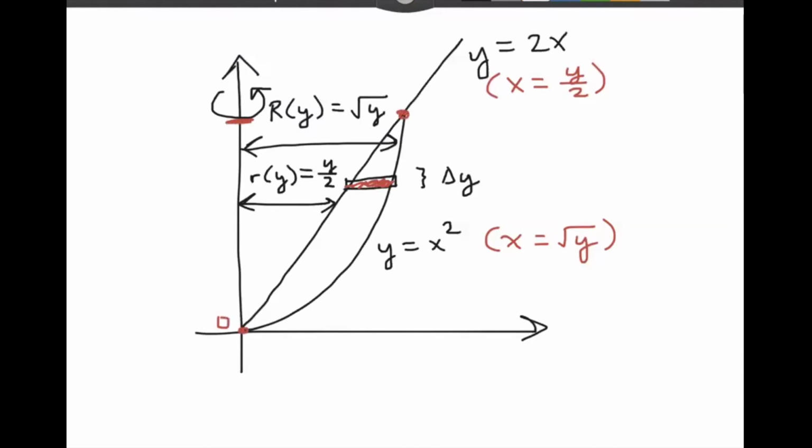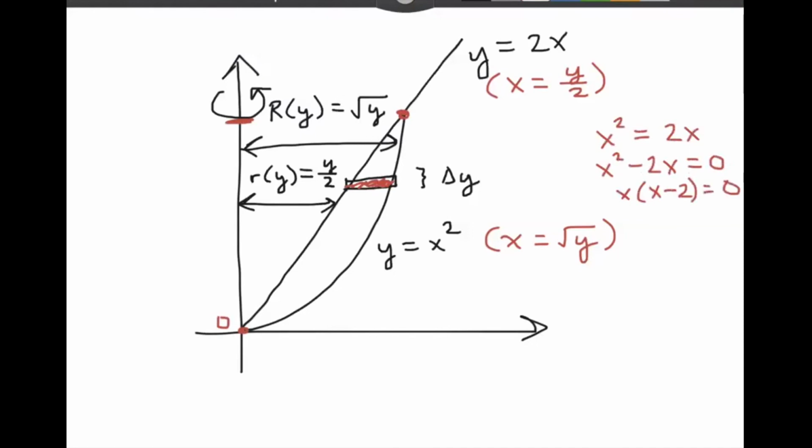And it's easiest to get that just by setting x squared equal to 2x, I think. So if you set x squared equal to 2x, that means x squared minus 2x is equal to 0. Factor out the x. You get x times x minus 2 equals 0.